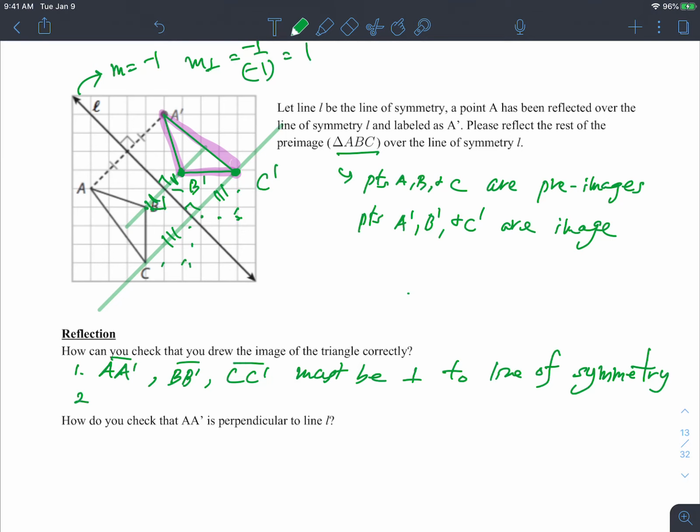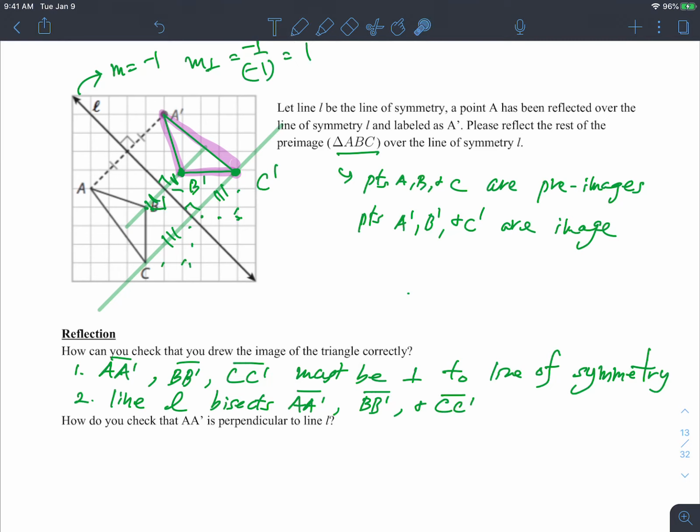And then 2 is that the line L, in this case, bisects A prime, B prime, and the segment C prime.